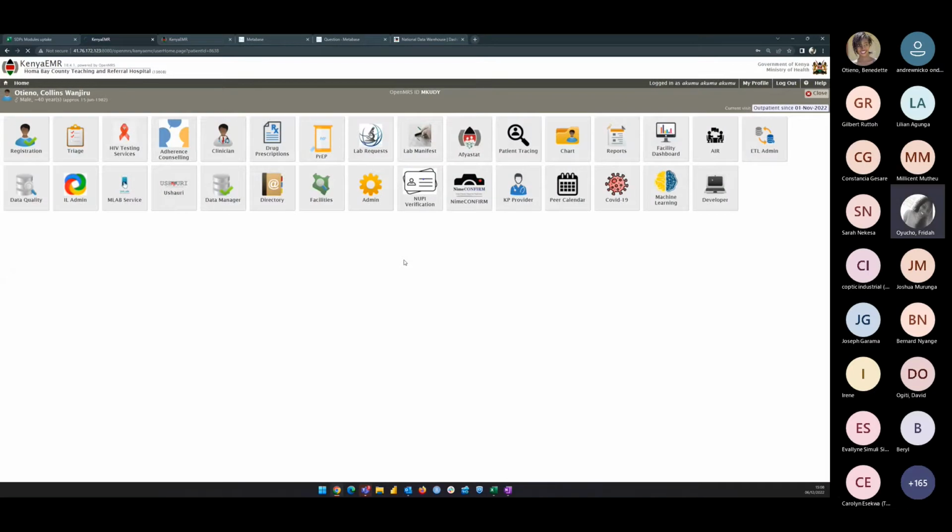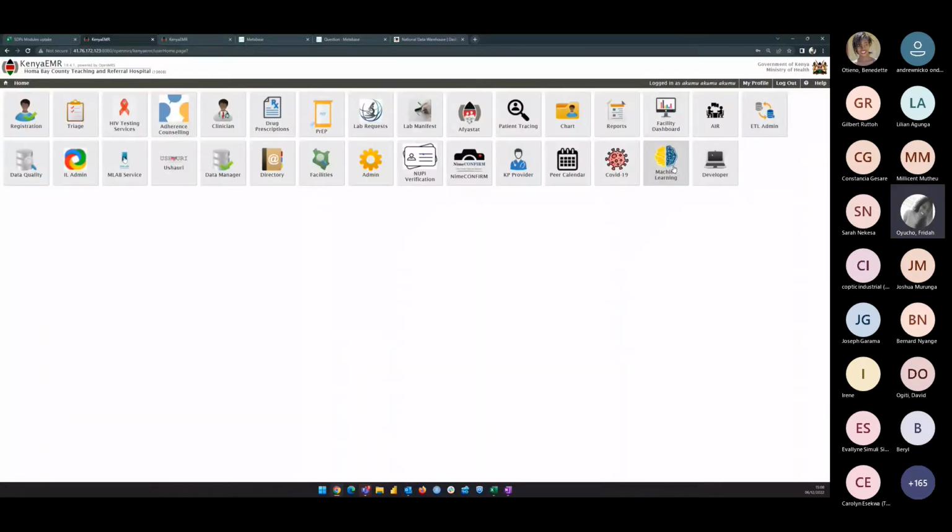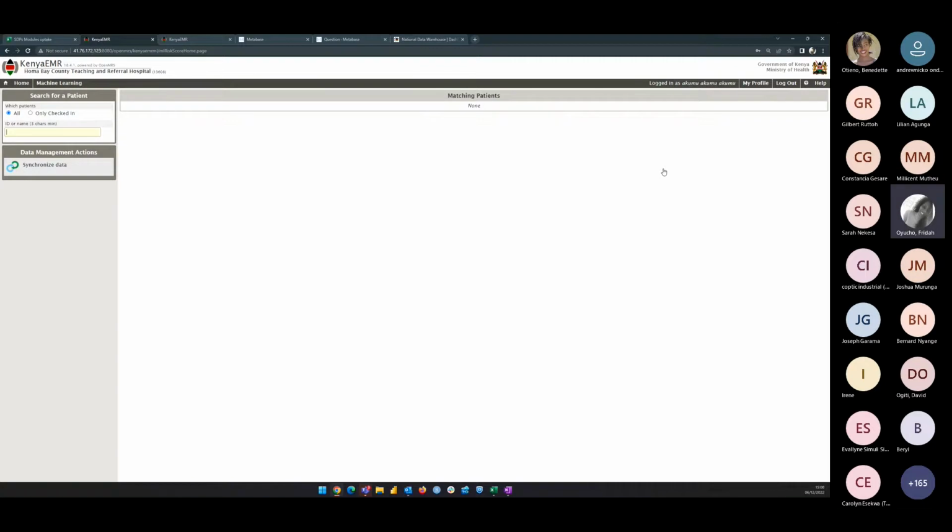Okay, I know most of us have been able to see this machine learning module in our local instances in the EMR. So we need to pull those risk scores from the National Data Warehouse. We click on the machine learning module. Once you've clicked on it, there's synchronized data under the data management actions.